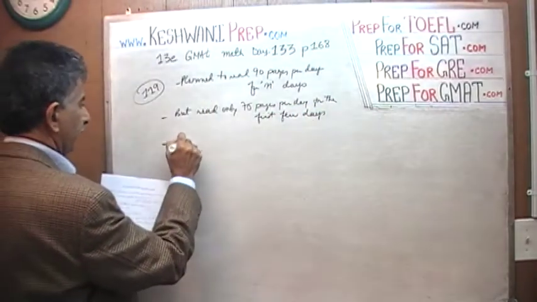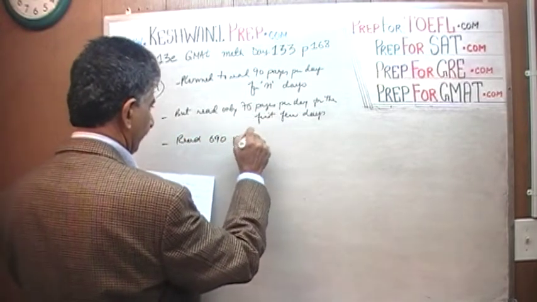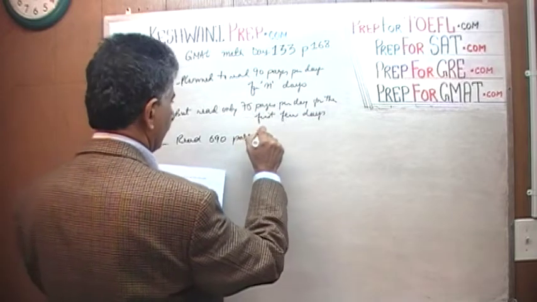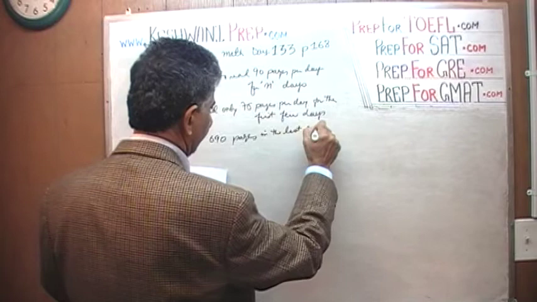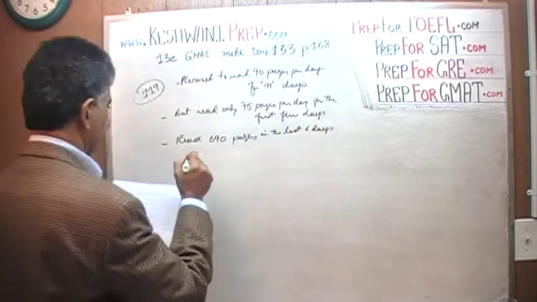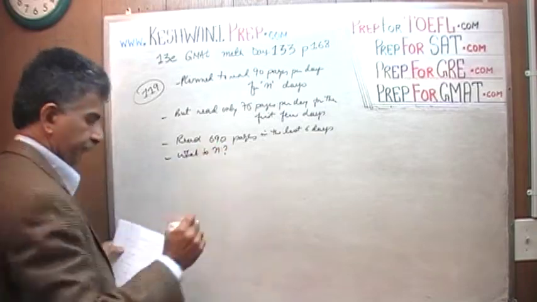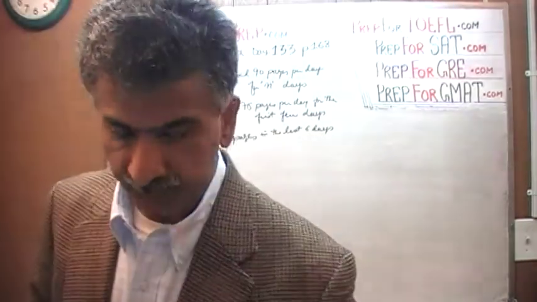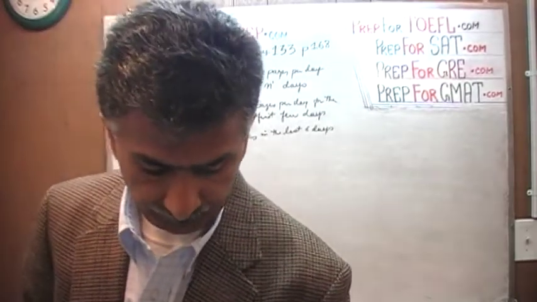Then we read another 690 pages in the last 6 days. The question simply is, what is n? What was the total number of days given to us for the assignment?